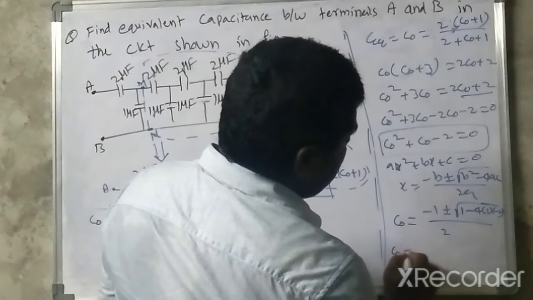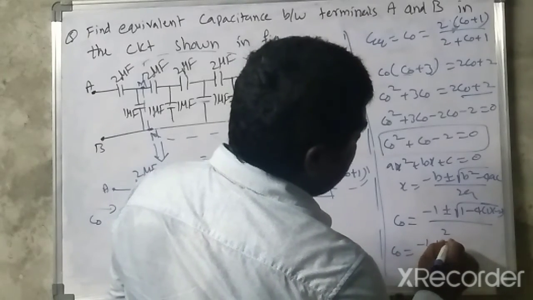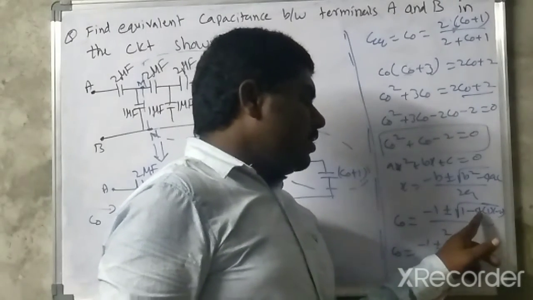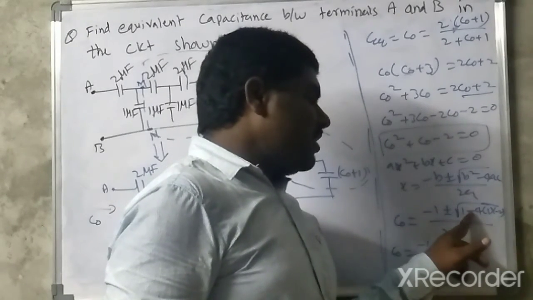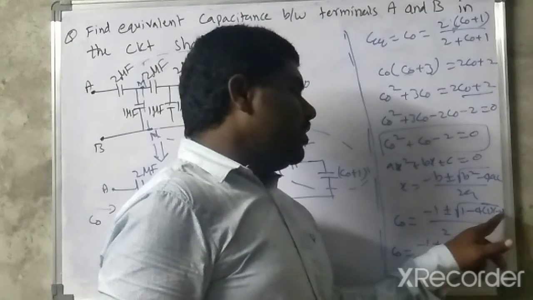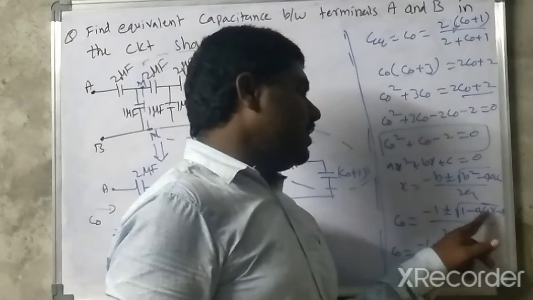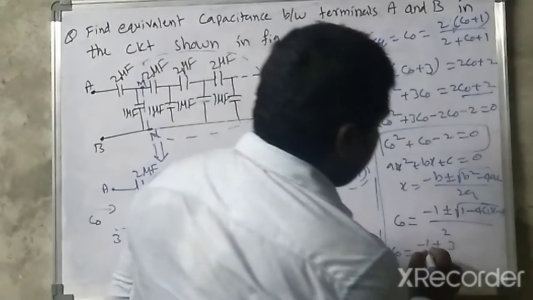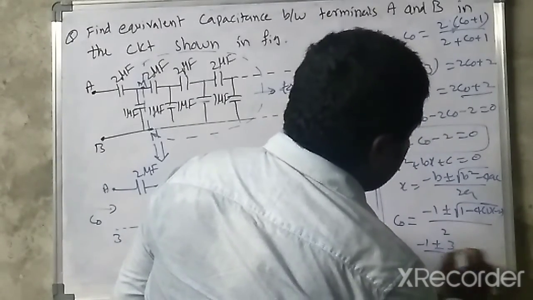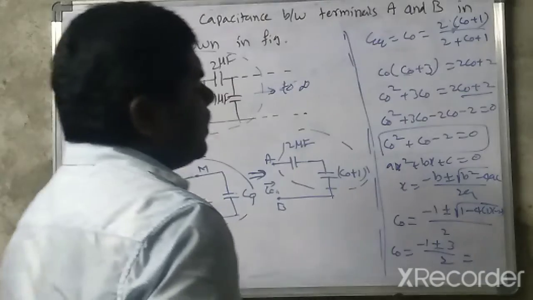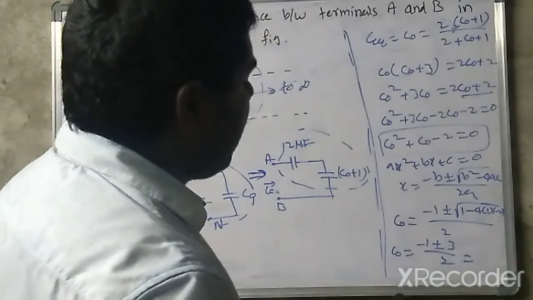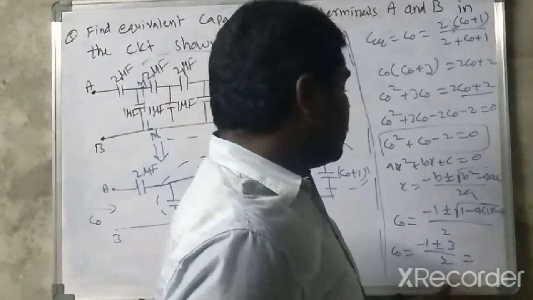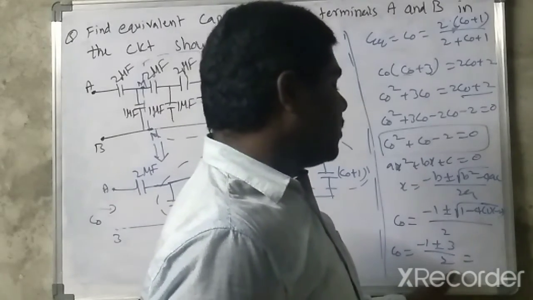So C naught is equal to minus 1 plus or minus 3, because 4 into 2 is 8, plus 1 is 9, root 9 is nothing but 3, divided by 2. So minus 1 plus 3 by 2 is one condition, minus 1 minus 3 by 2 is the other condition.